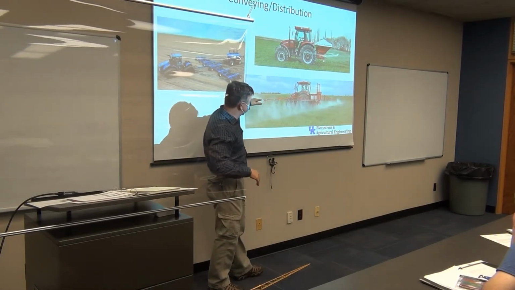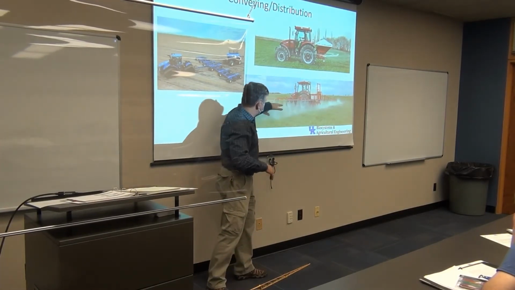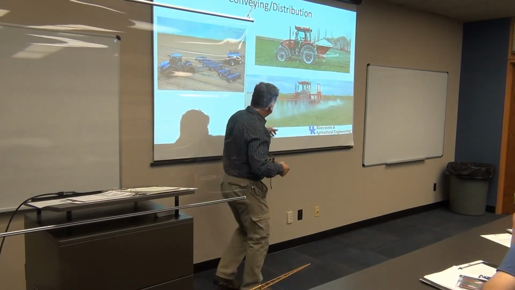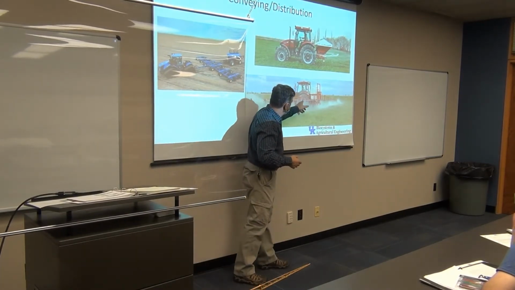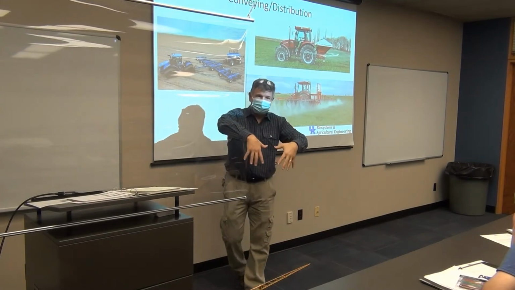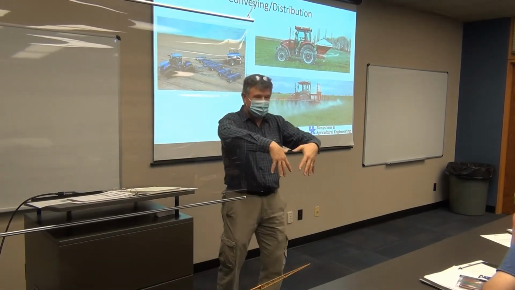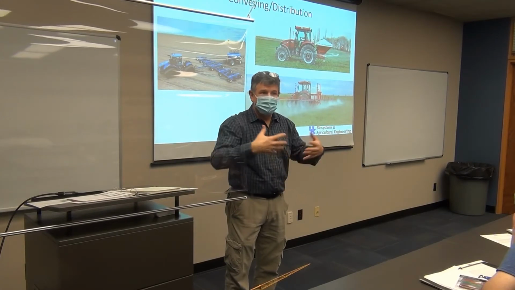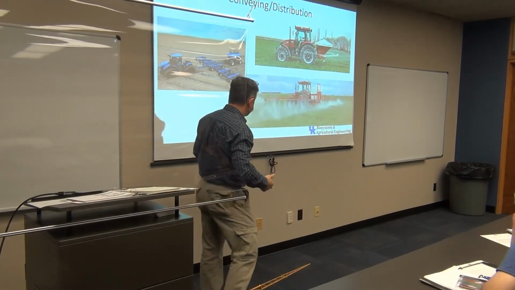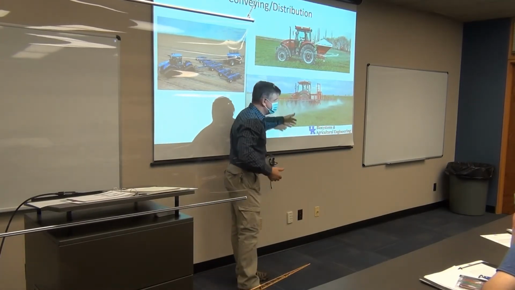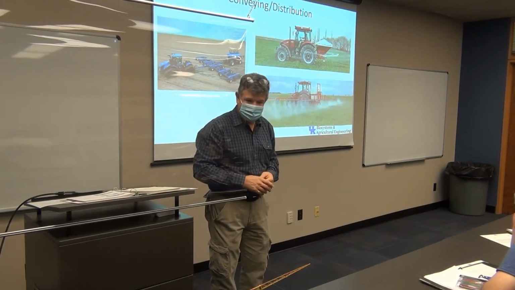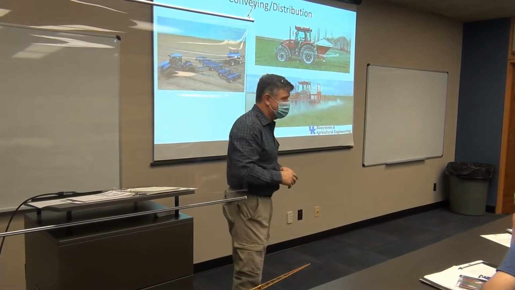Typically the way we do this is we have a long boom with some type of plumbing that carries my liquid out there, and then a whole bunch of nozzles that direct that material, change the particle size, and get that material directed to the ground or to the target, whatever it needs to be. If I'm trying to target plants, if I'm trying to target the ground, whatever it is, that's what we put out there. So that's typically how that happens, okay?